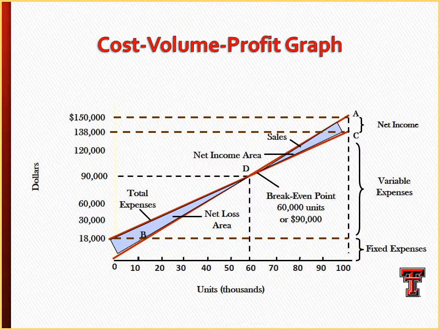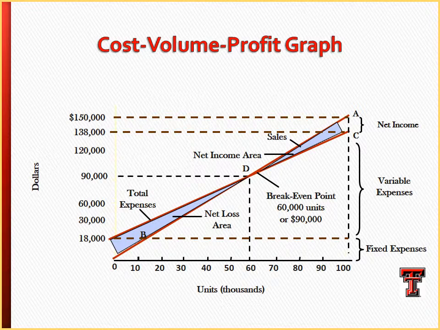All right, here's a slide that looks complex, but it certainly is not complex. Just take it one step at a time. Hopefully you recognize it from the previous session. Look at the dashed line at the bottom. That shows fixed expenses, and we said fixed expenses were $18,000 within this particular range of outcomes from 0 units up to 100,000 units.